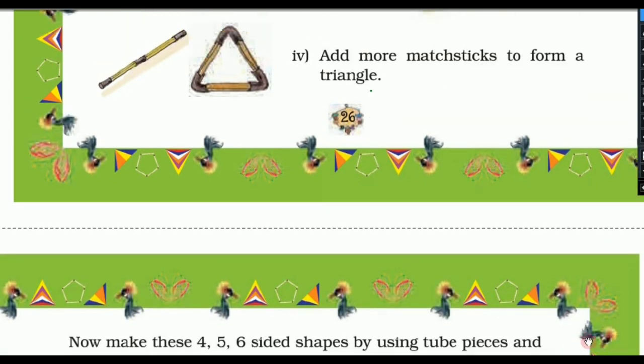Now fourth step, add more mastic to form a triangle. You can use more mastic because we want to form a triangle.